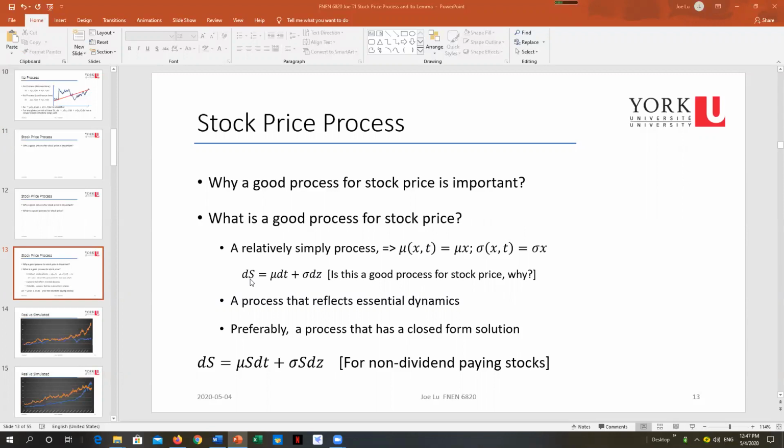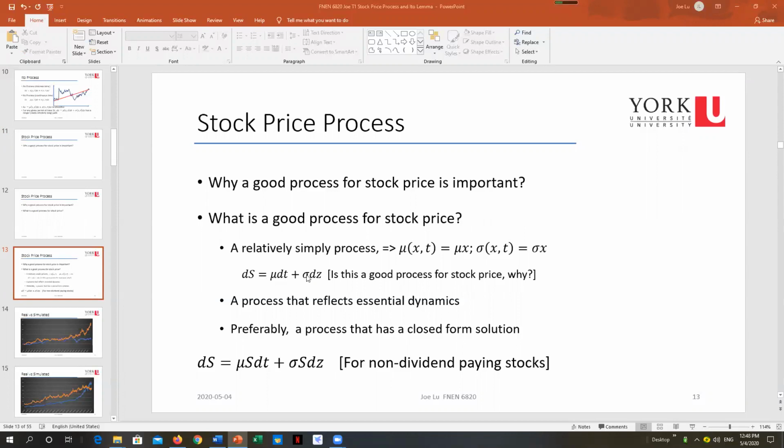If we really want to be simple, we can have a very simplistic process here. If we label S as the price of a stock, then we can say the price of the stock follows an Itô process in the following way: dS = mu dt + sigma dz.